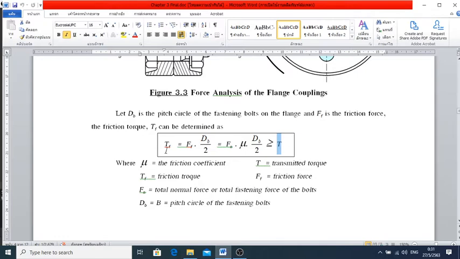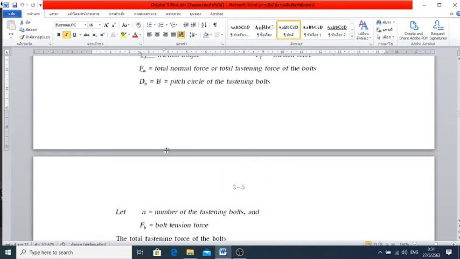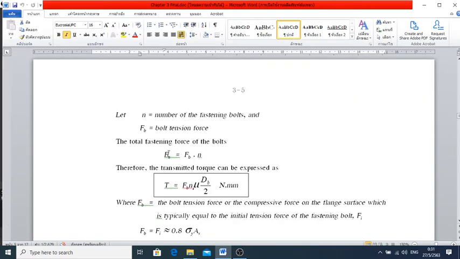It's going to slip. So the maximum torque is going to be only that. And then, for more emphasis in terms of the generation of F sub N and F sub B, the relationship turned out to be F sub N equals F sub B times N there.